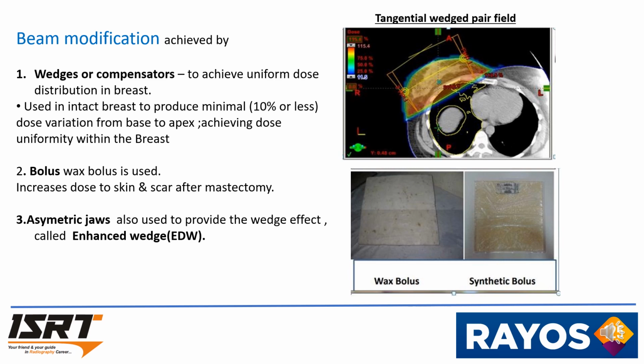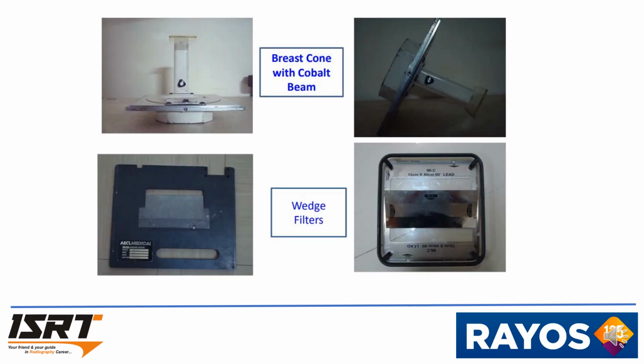This increases dose to skin and scar after mastectomy. Then asymmetric jaws. It is also used to provide the wedge effect called enhanced wedge, that is EDW. In this picture, breast cone with cobalt beam and wedge filters used in Linacs are seen here.